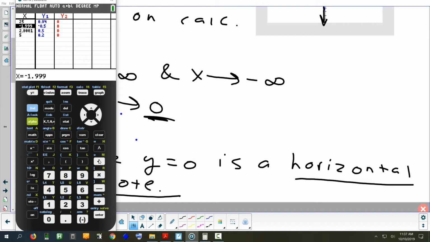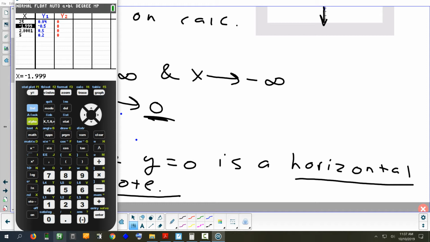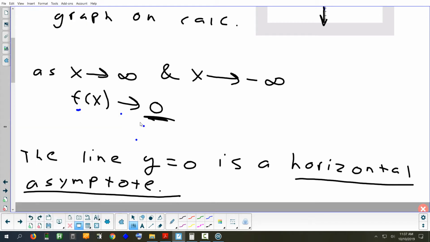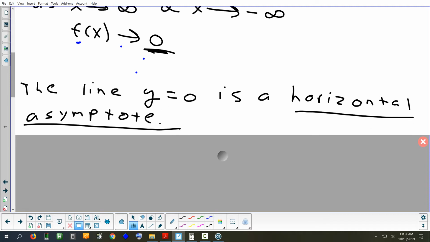It's getting closer and closer to 0. If I go all the way to 100, it would be even smaller. But the point is, it's never actually reaching, it's never going to reach 0. Let's see if I can try typing in. Yeah, that works. All right. So that's an asymptote. It's just a value that you get close to but never reach.